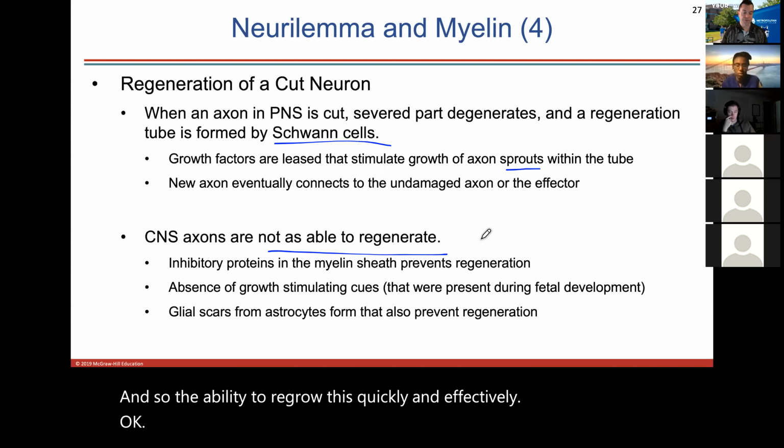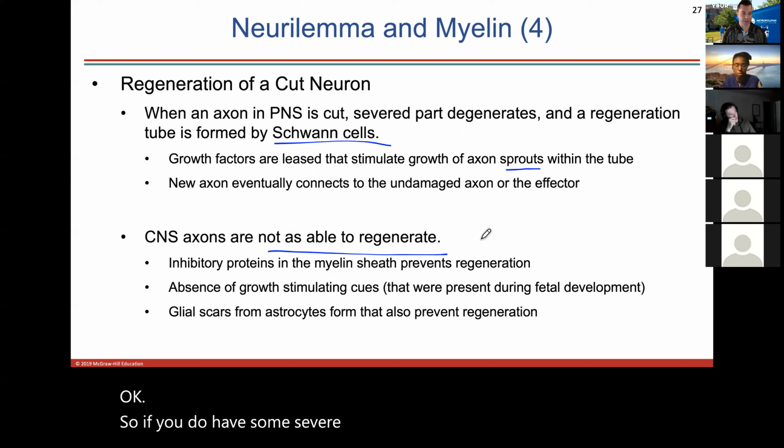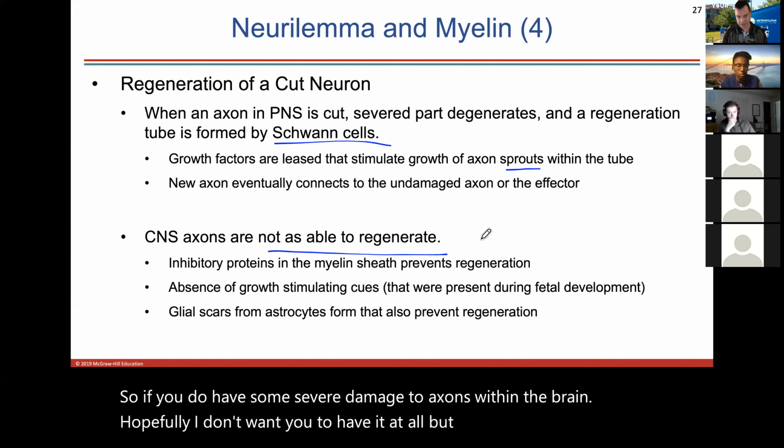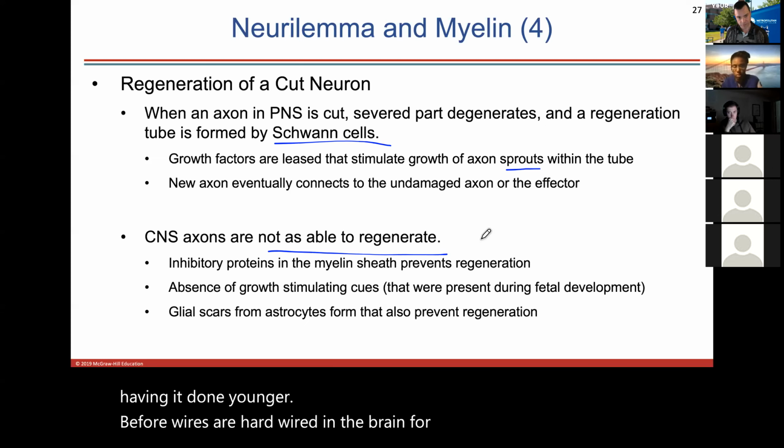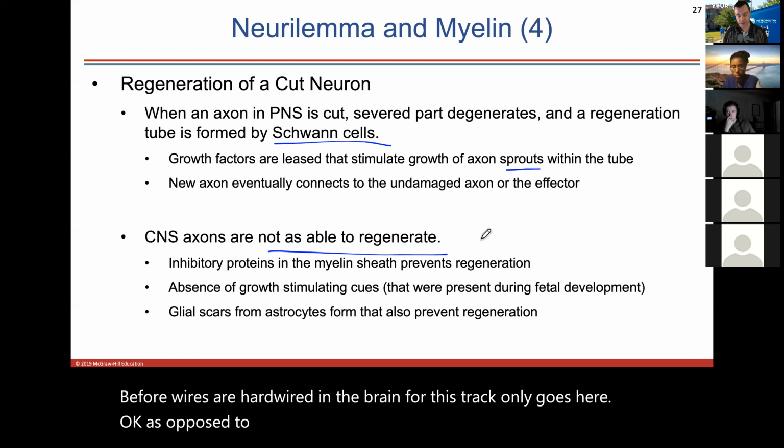So if you do have some severe damage to axons within the brain, hopefully, I don't want you to have it at all, but if you're going to have it, having it done younger, before wires are hardwired in the brain, for this tract only goes here, okay, as opposed to having damage done to the brain axons as an older person.